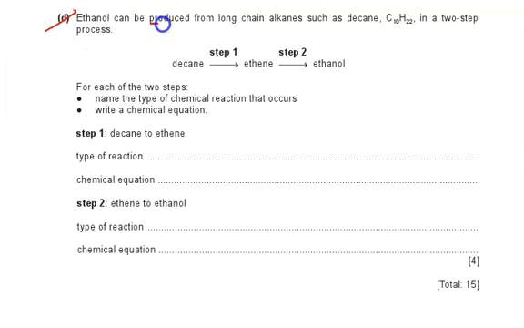D, ethanol can be produced from long chain alkane. Okay, from a long chain to ethene, and here will be cracking process. Okay, so here we have C, carbon 10 and H22.